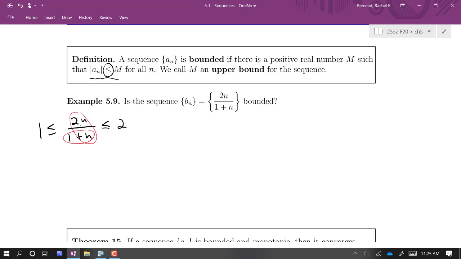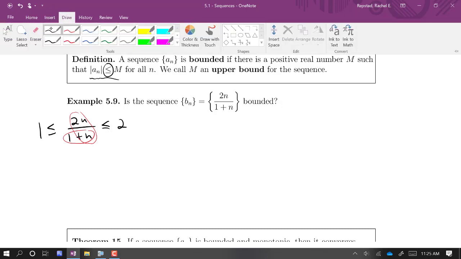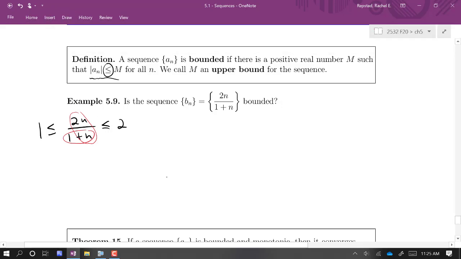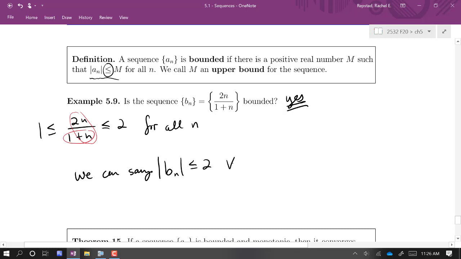So I know that these values are bounded above by 2, and 2 will be our upper bound. This is true for all n, so we could say that this is bounded. The absolute values of these Bn terms are less than or equal to 2 for all n.